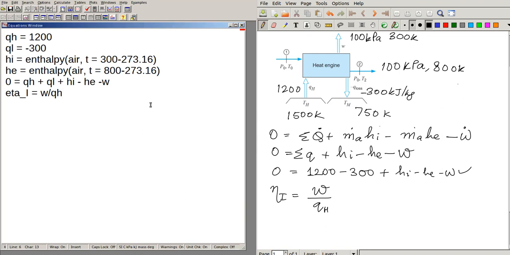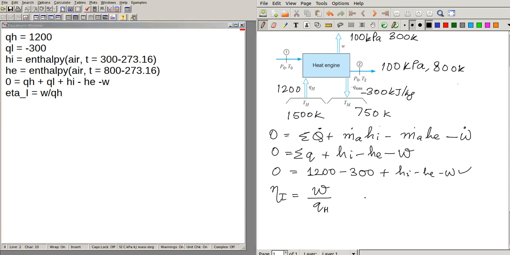Now coming to the second law efficiency, the way to do it is that we first find the reversible work, and then we compare the work obtained during this actual process against the benchmark of the reversible work. So how do we find the reversible work?